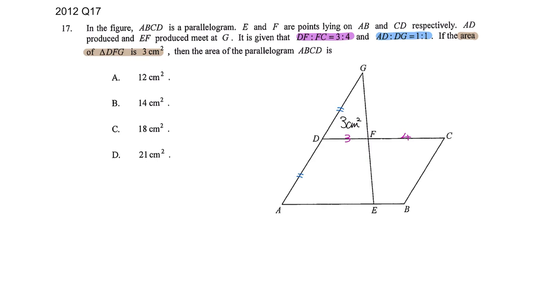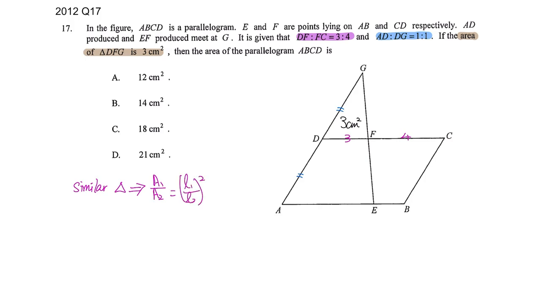Well, for doing these types of questions, there are two basic things that you need to know. If there are any similar triangles, what happens? Area ratios are side ratio squared.